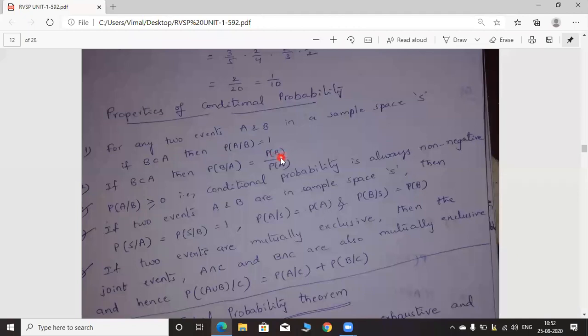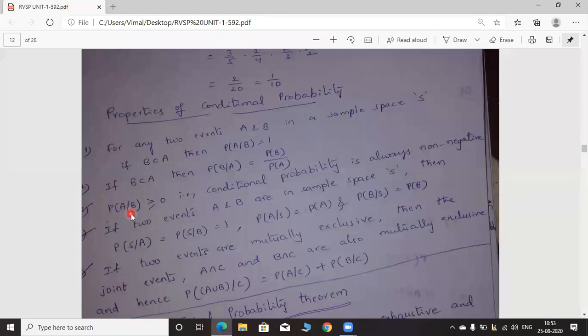But if you see the intersection portion, it is already mentioned that B is a subset of A. That means B is a part of A. Each and every element of B is present in A only. That's why there is no separate intersection portion. So you have to take probability of B divided by probability of A. Next, what is the third one?